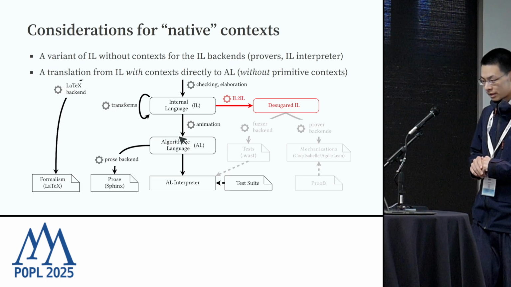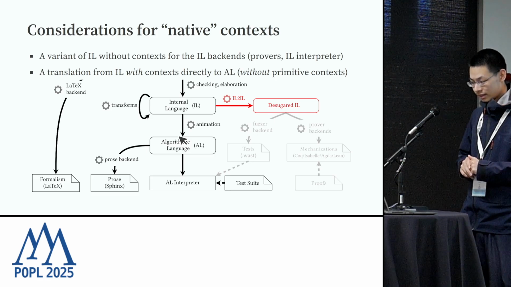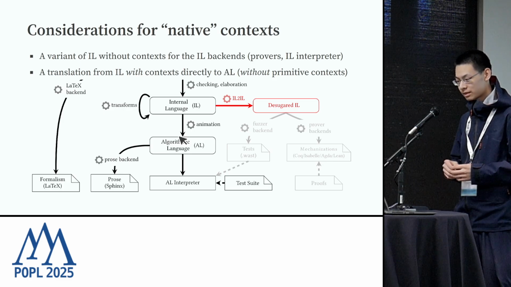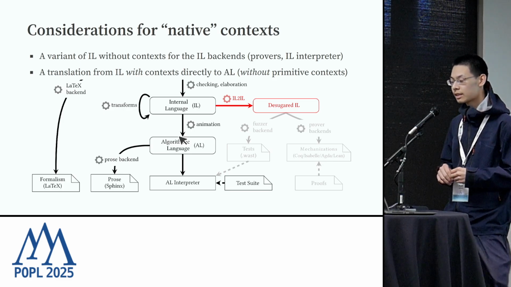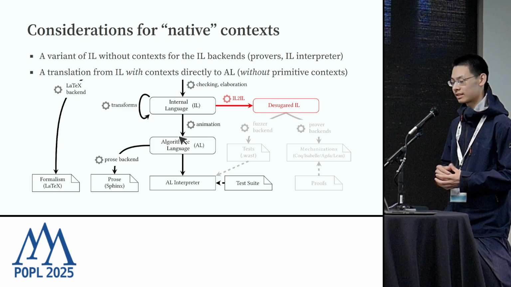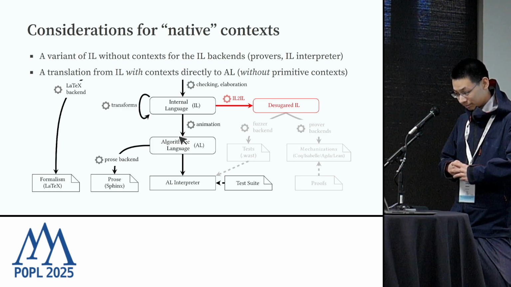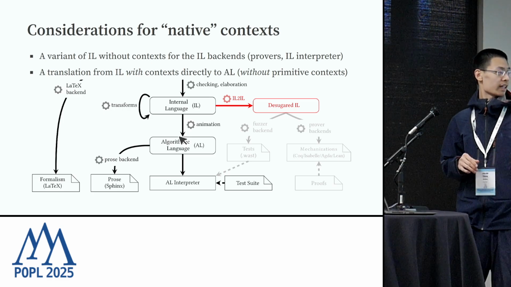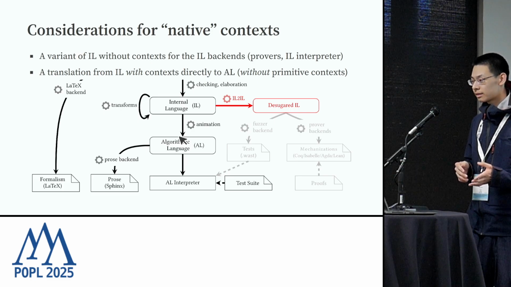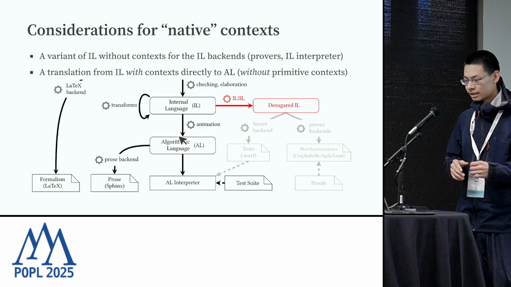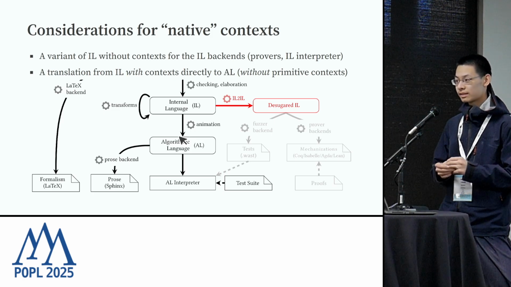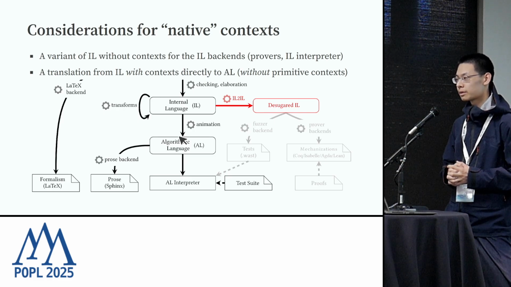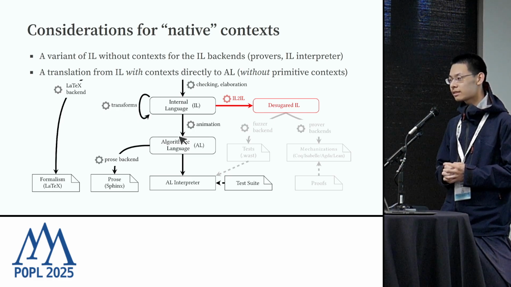We do that because the execution model of the IL and AL makes it pointless to use the same transformation for the sugaring of contexts. And for the IL backends, some might claim that supporting context natively, especially for the theorem prover backends, will pose a challenge for the backend.